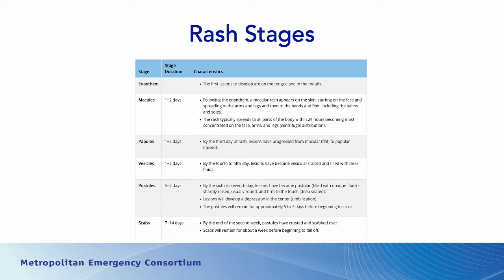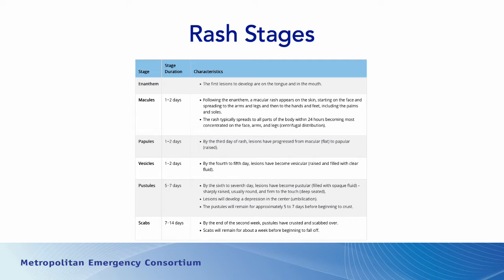The first lesions seem to develop on the tongue and the mouth because it can start on the face. You have this red rash that can appear on the face, the arms, and legs. That's a macular rash that can last a couple of days. Then after a couple of days, it becomes a papule, or just kind of a raised rash, and then becomes blister-like, which is a vesicle.